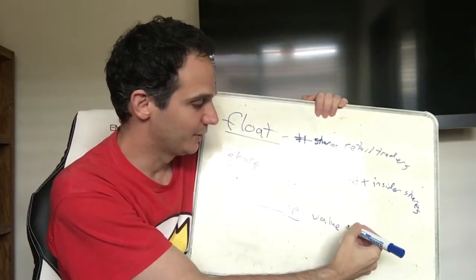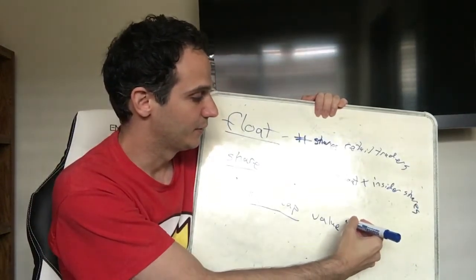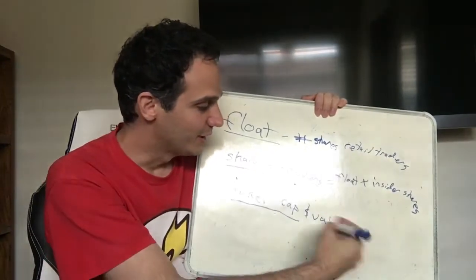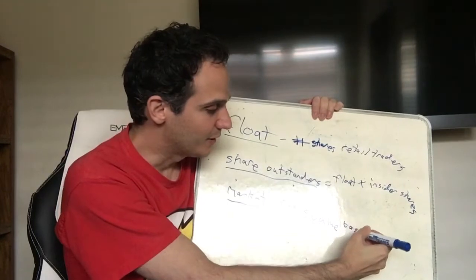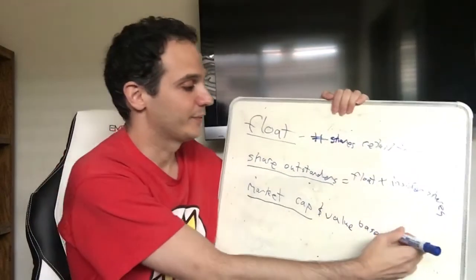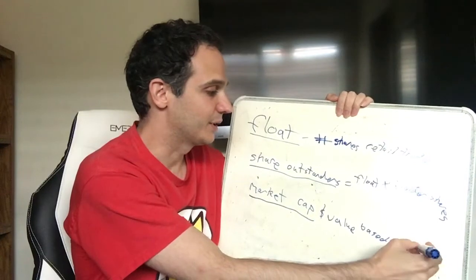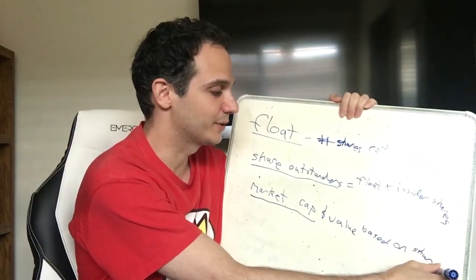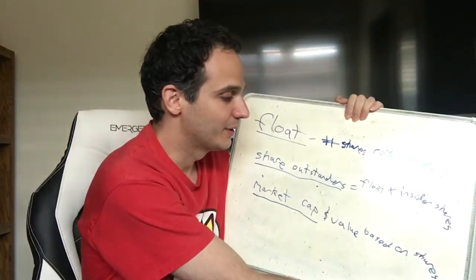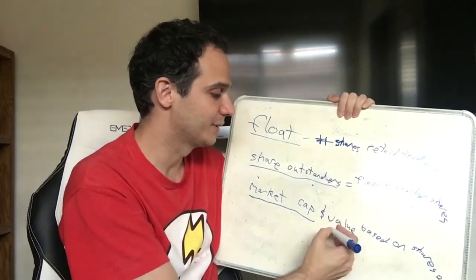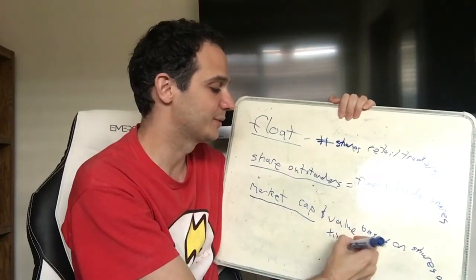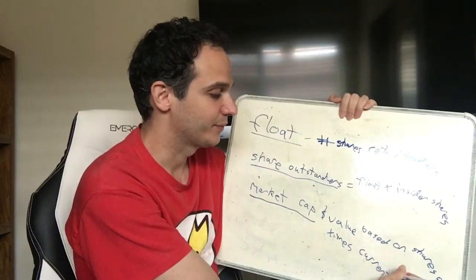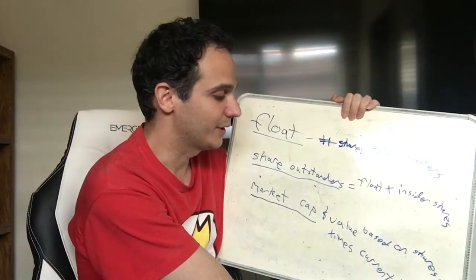So value, and this is a dollar amount, so dollar value based on, I'll just abbreviate it, shares outstanding times current price. Okay?